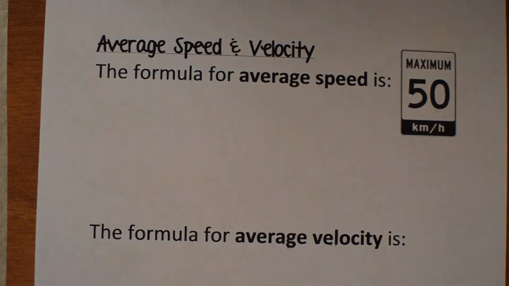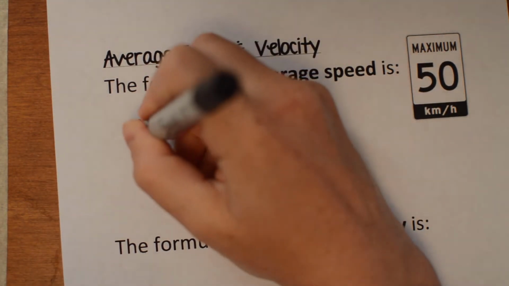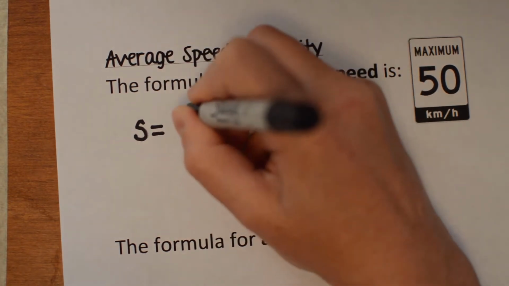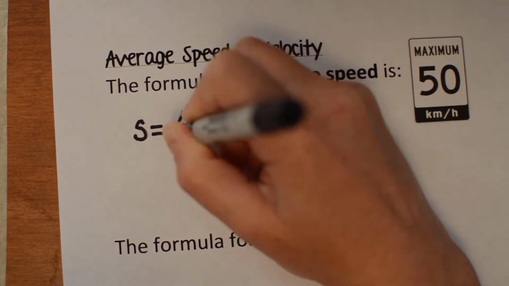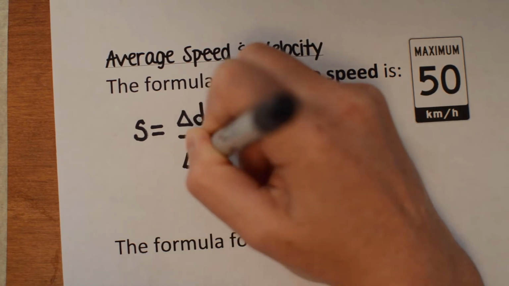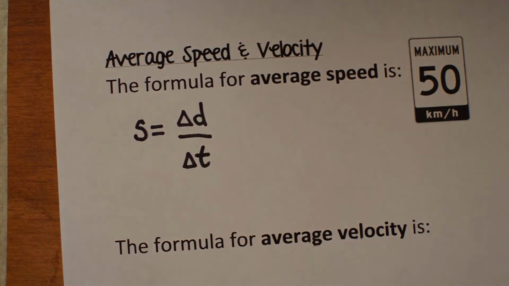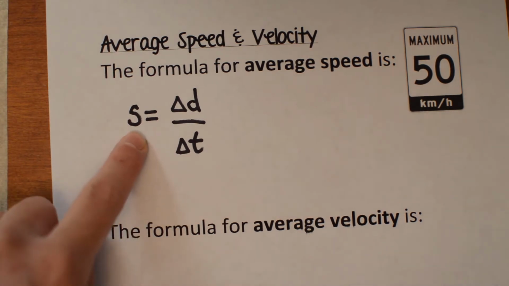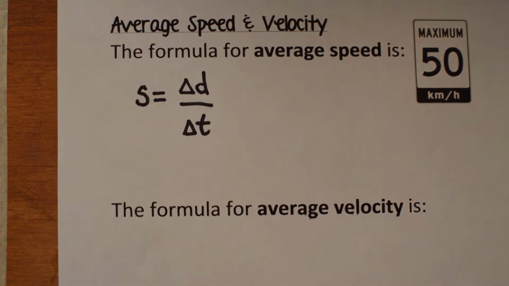Average speed and velocity. This is our next set of scalars and vectors. Speed is the scalar. Speed, how fast you're going, is actually your distance, which is also a scalar, over your time, how much time it takes you to cover that distance. This one is going to be a scalar quantity, and it comes from a scalar, so that makes some sense.